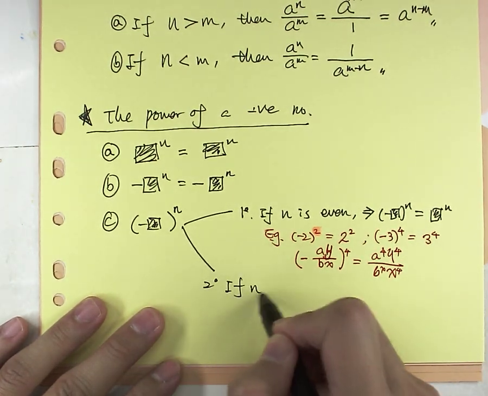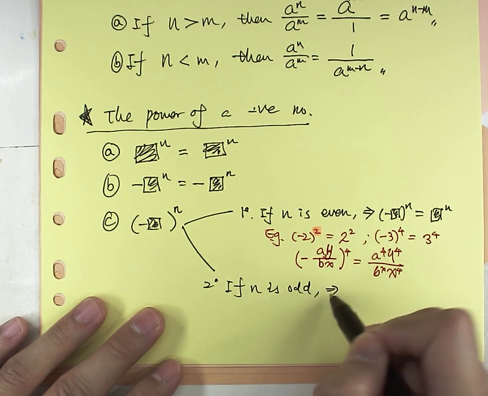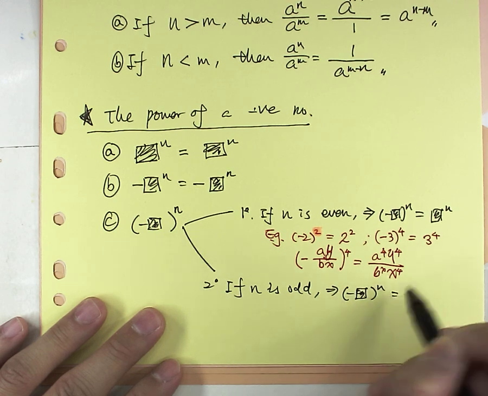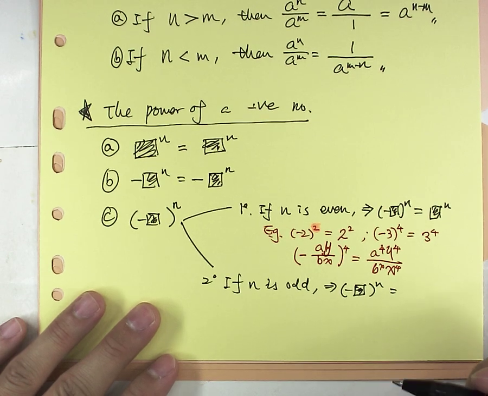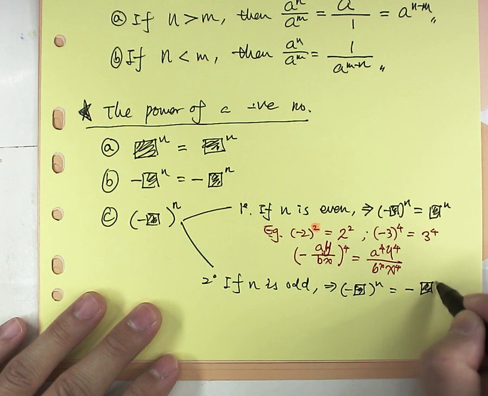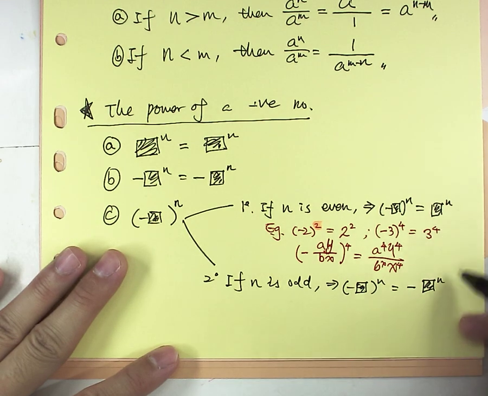If n is odd, okay, then what do we have? Still the same expressions, but if n is odd, you have to keep the minus, understand? But you don't have to write the bracket. Okay, they're different. See, they're different.